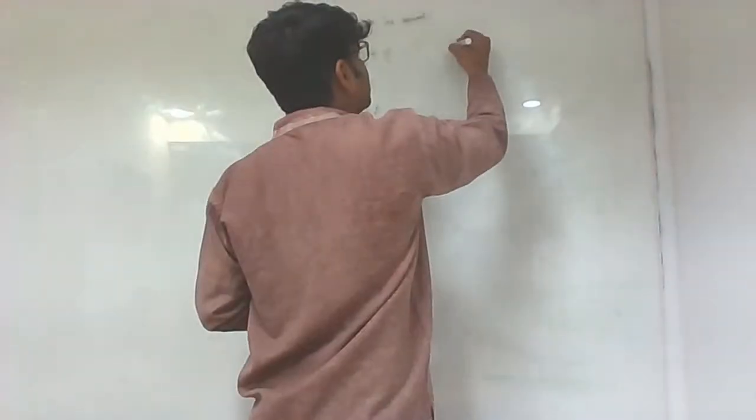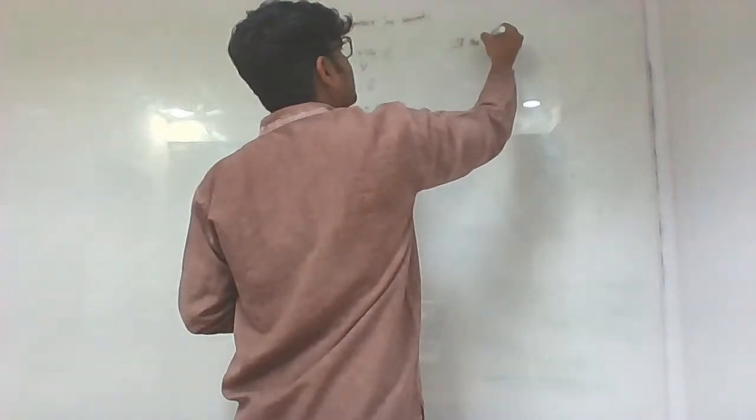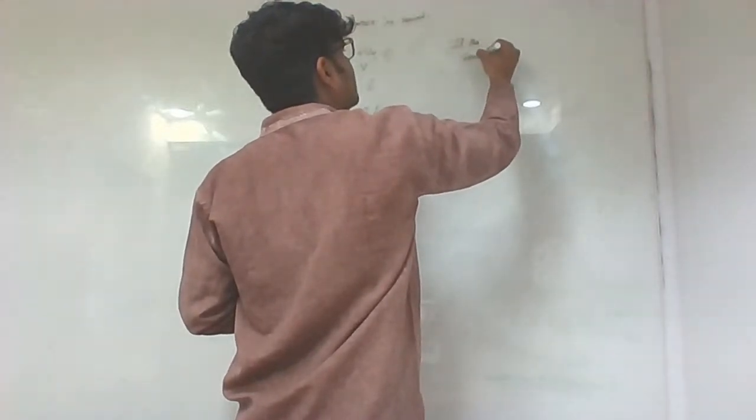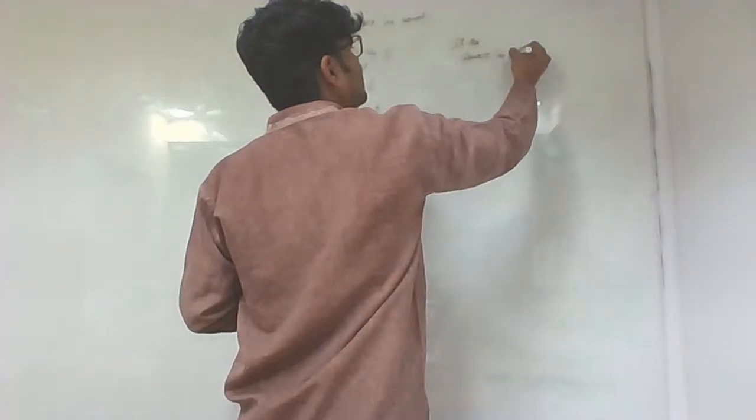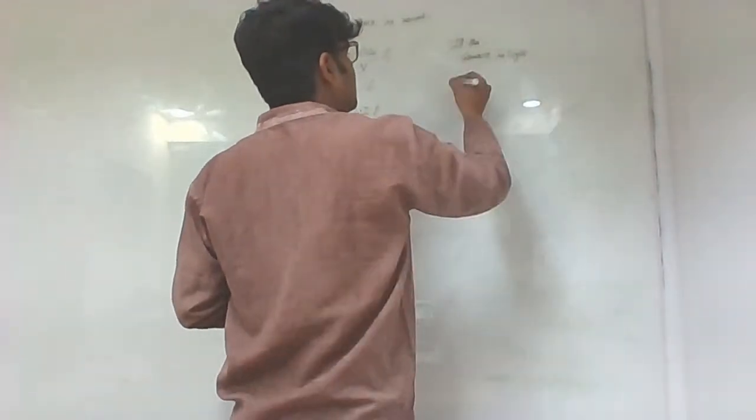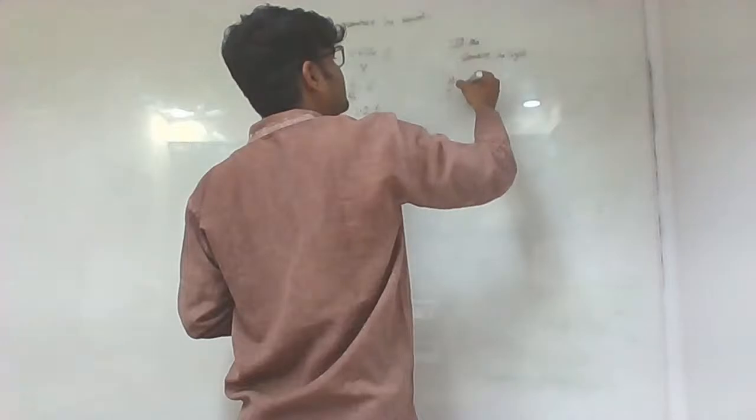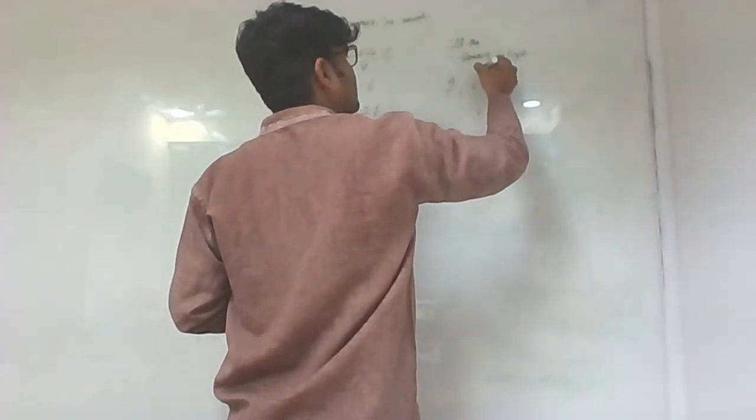Now, if the source is light, the apparent frequency formula is a little different.